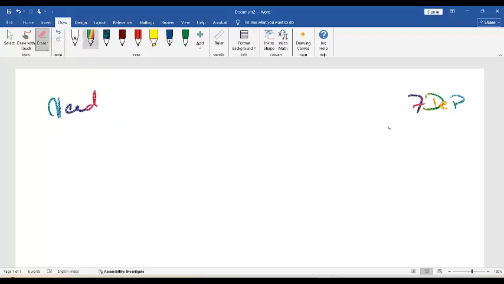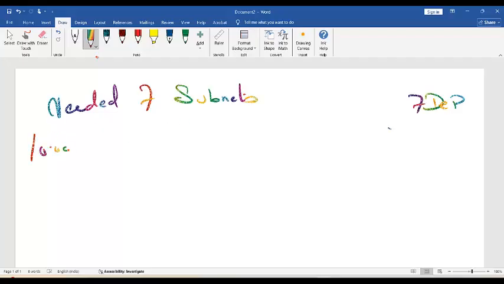Needed is 7 subnets, and the given network is 10. Now I need to know how many bits from the host I should borrow.